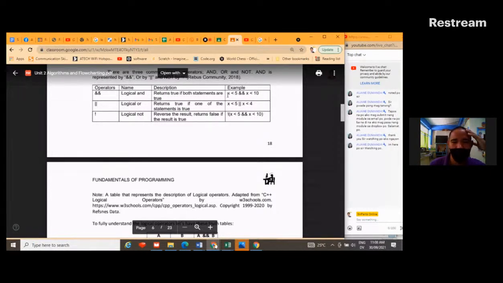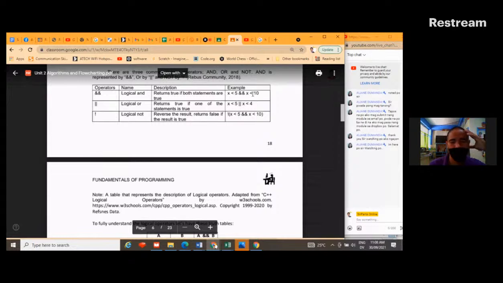Another, in order for you to get the result of true here, the first statement and the second statement must be true. If one of these statements is false, the output would be false. The only case that it will become true is if and only if all of the statements are true.